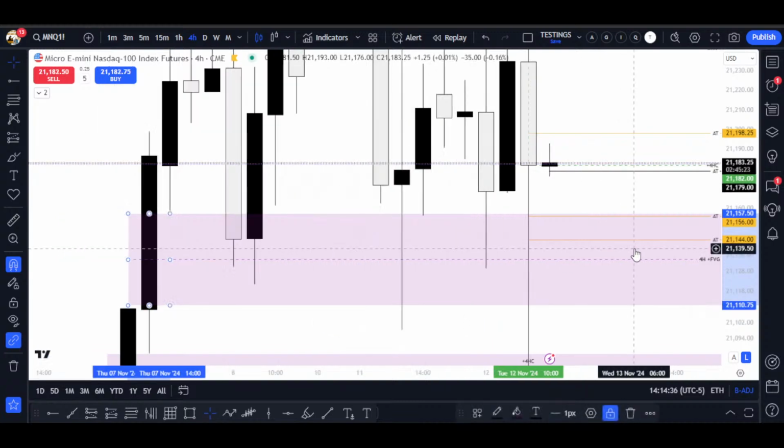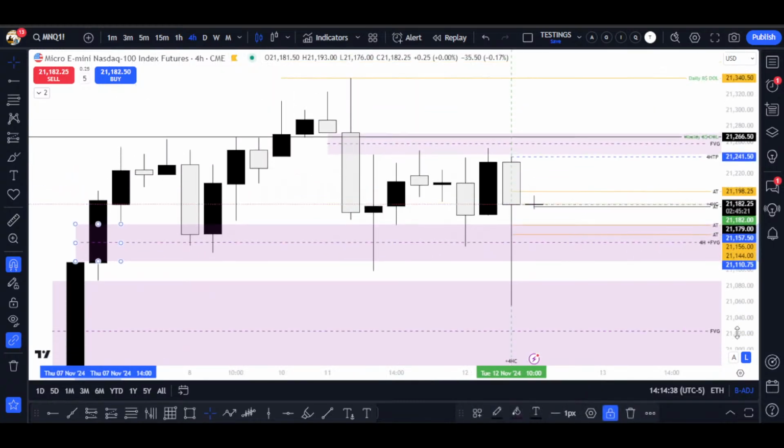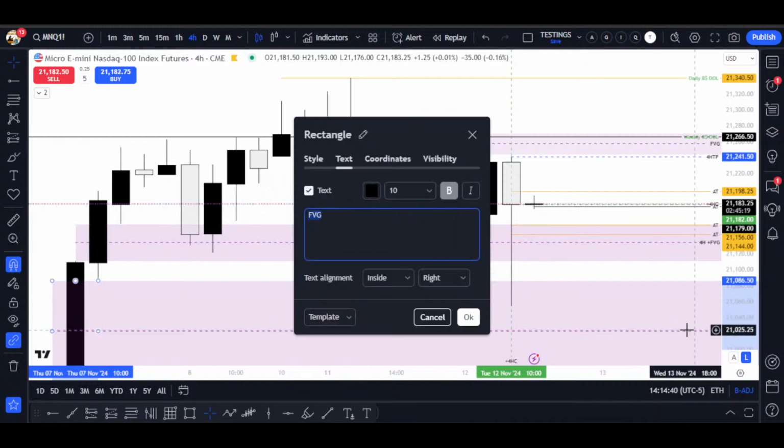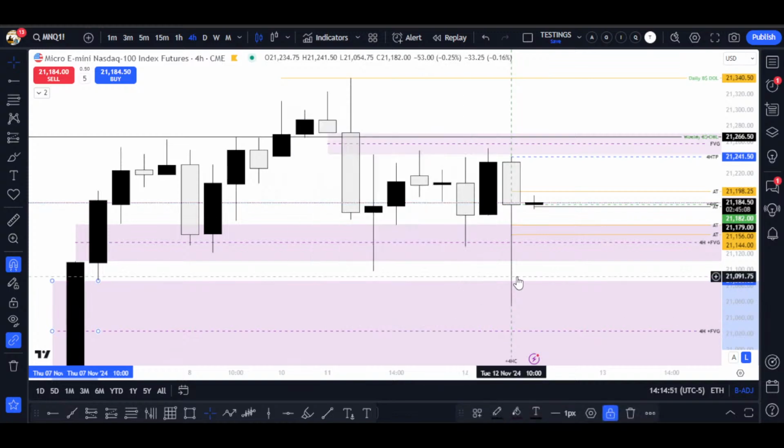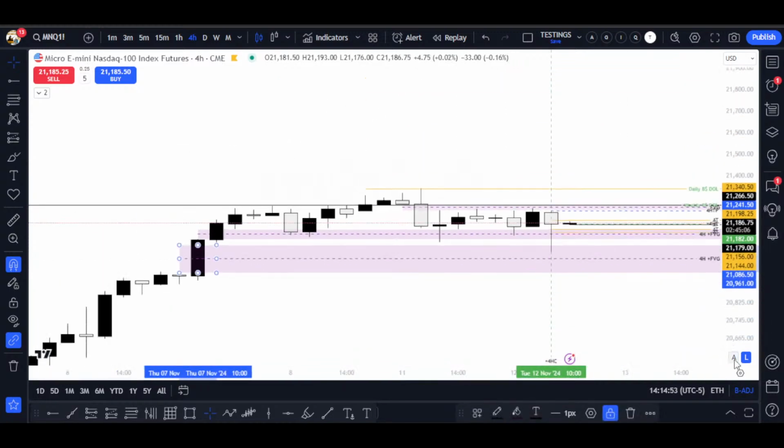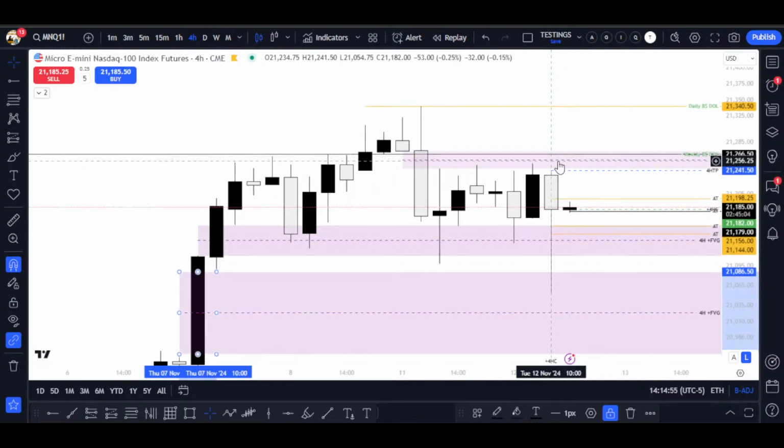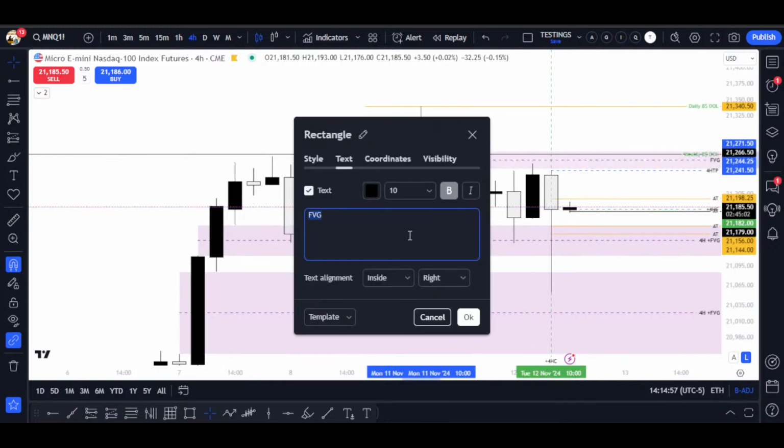So 4 hour bullish fair value gap, as well as this one. So we're kind of stuck in between these two higher time frame PD arrays.